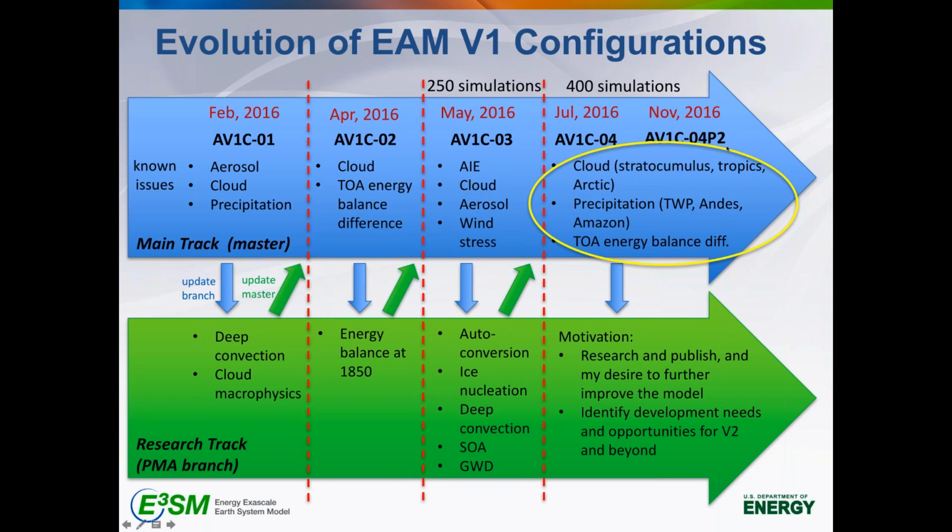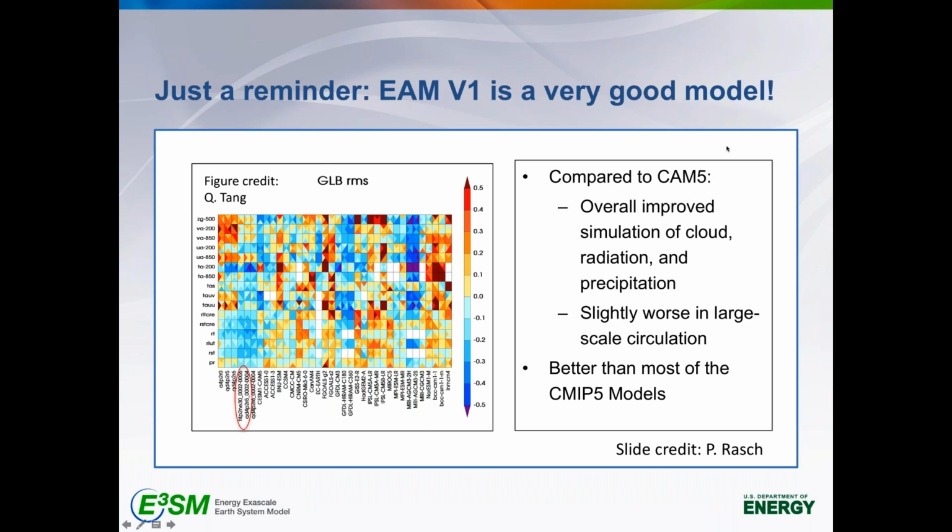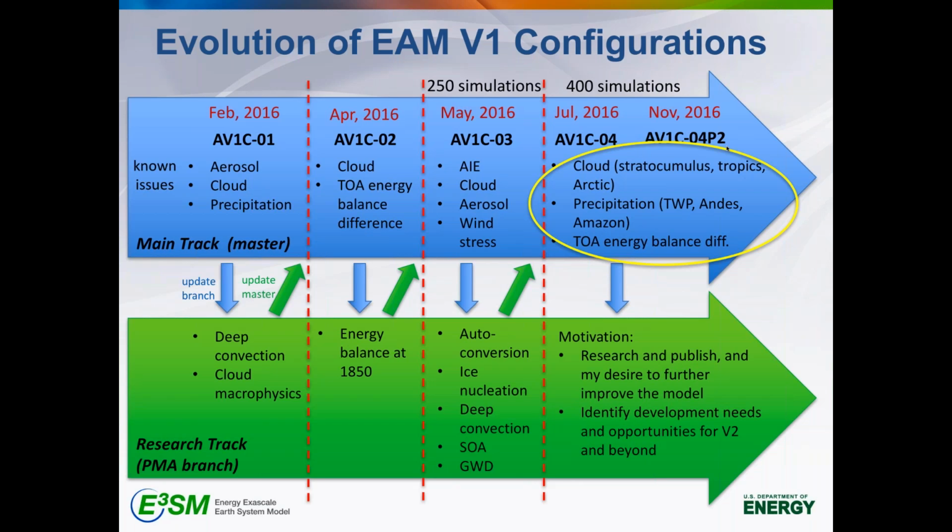And in this configuration, we showed from this slide that this is a very good model, but we still notice several issues or biases. Of course, no global models are perfect. These are the biases that are outstanding for us. They are clouds that we don't have enough coastal stratocumulus clouds, and this is a very common problem for all global models.